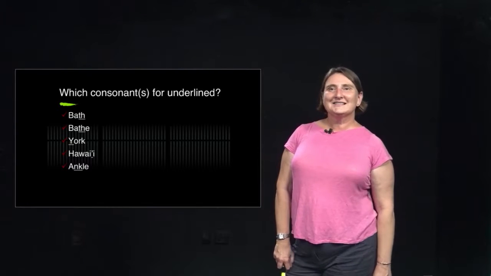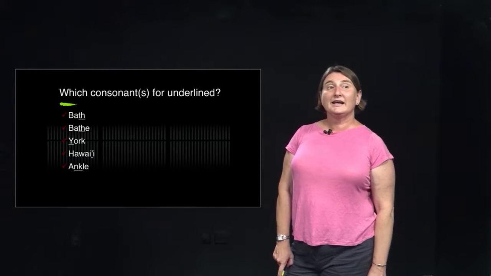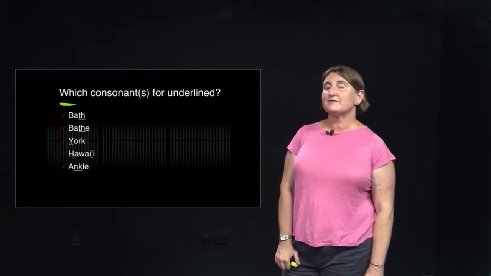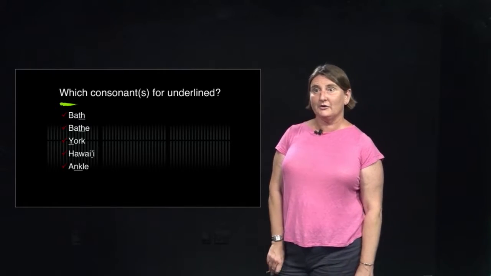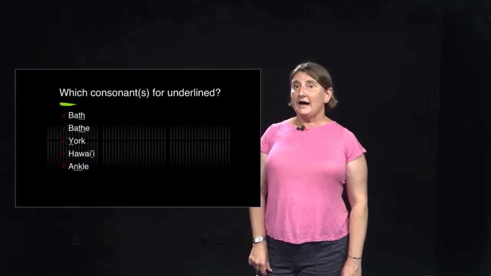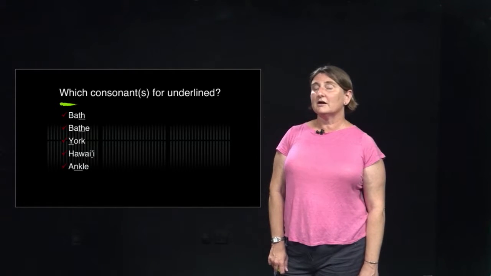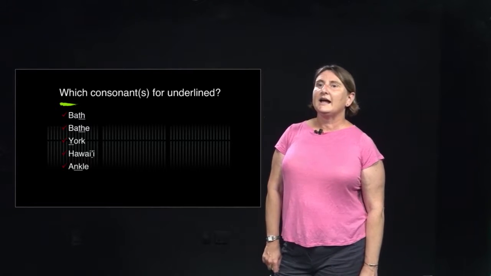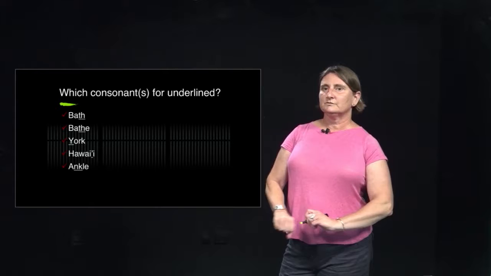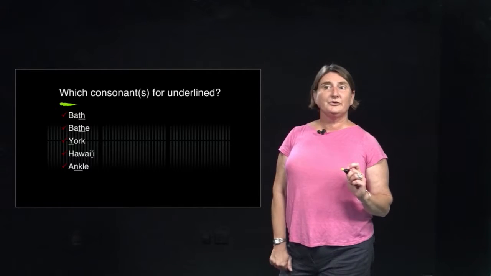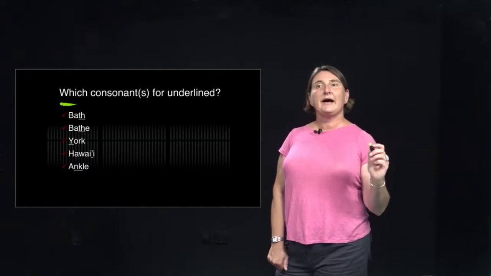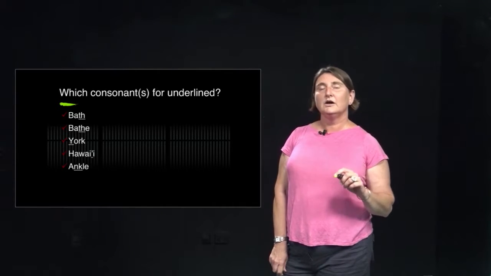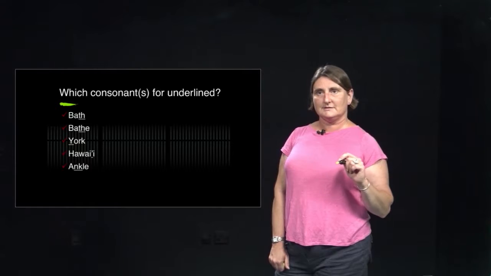All right, here's our next set of words to practice with. Again, if you'd like to look at these, pause, and write out your answers, that would be a good way to go about it. So we've got bath, bathe, York, Hawaii, if we say it like someone who's just been to Hawaii, and ankle. All right, let me do the first one. This is bath. Does that sound like the th in thin or the one in this?